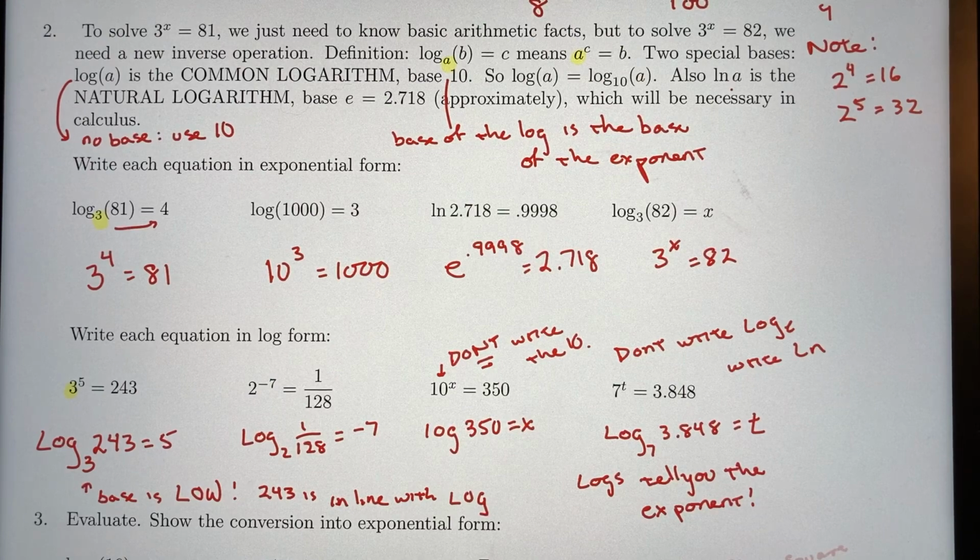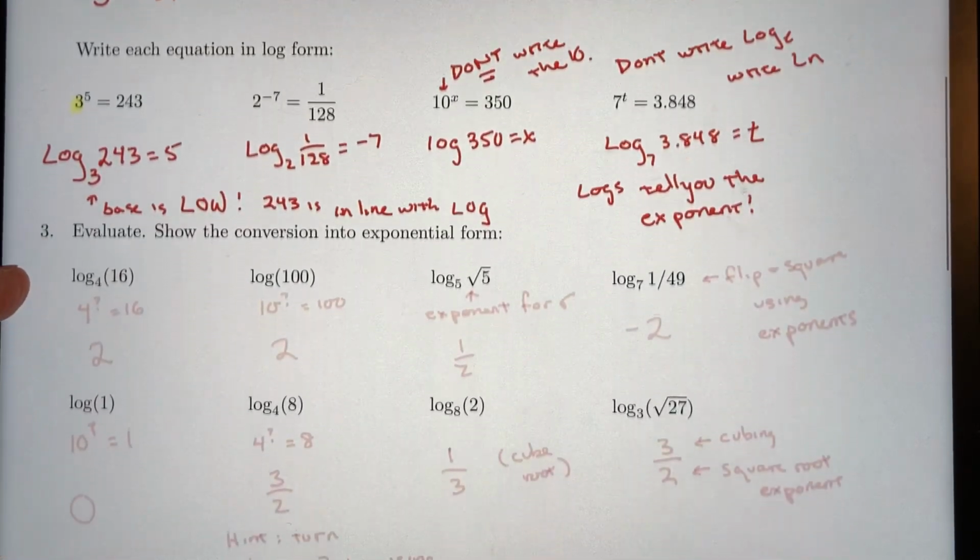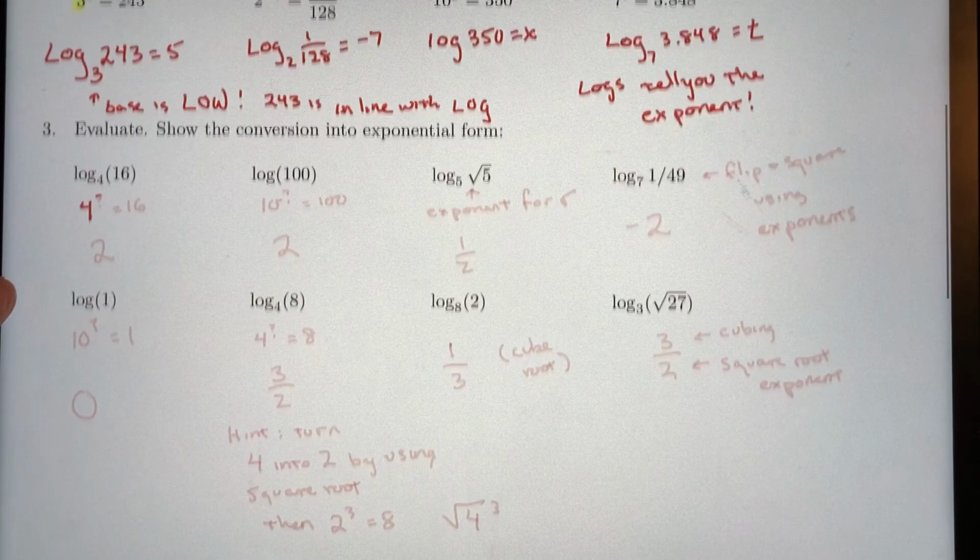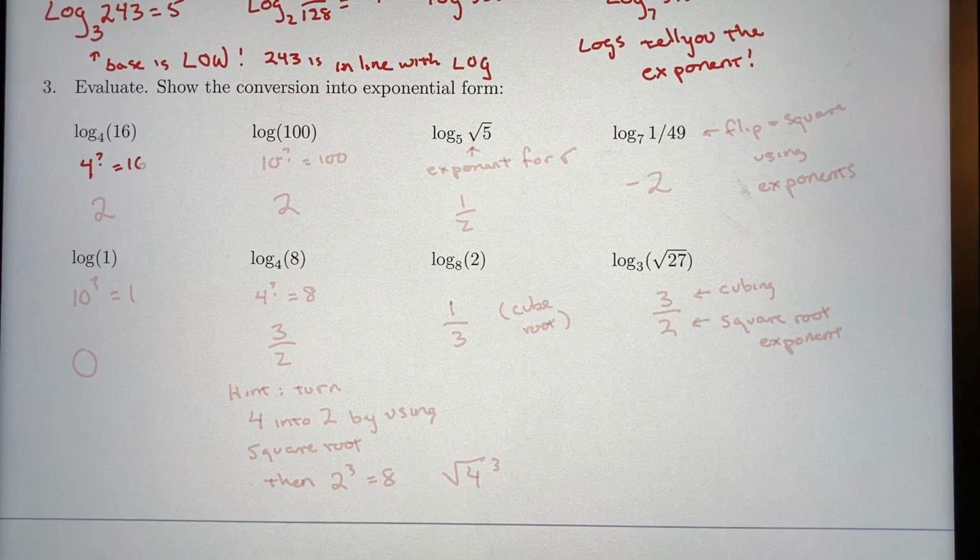That's really important for the last bit, because I'm thinking about what is the exponent that turns 4 into 16? Oh, that would be 2. Log base 4 of 16 is just the number 2. Just like square root of 25 is just the number 5. What power of 10 gives you 100?